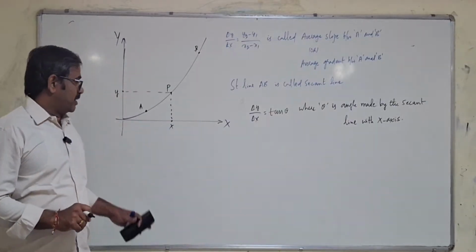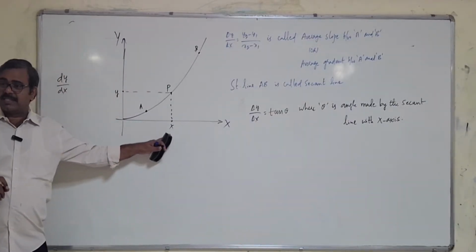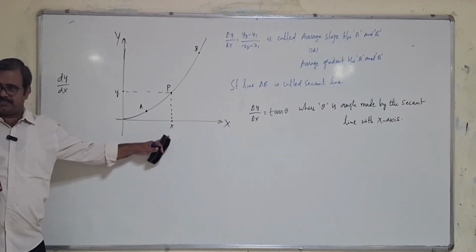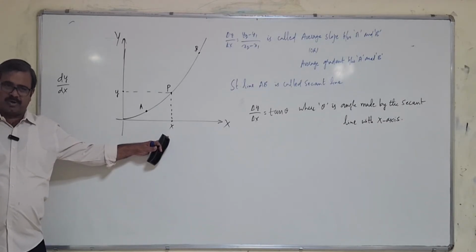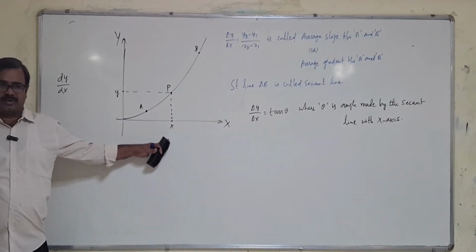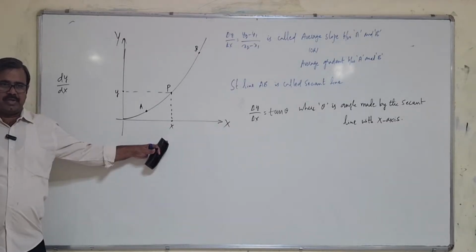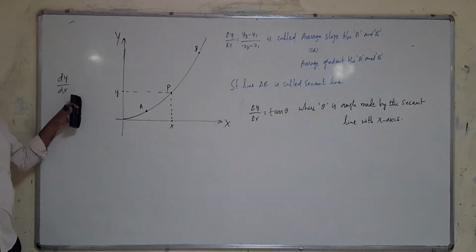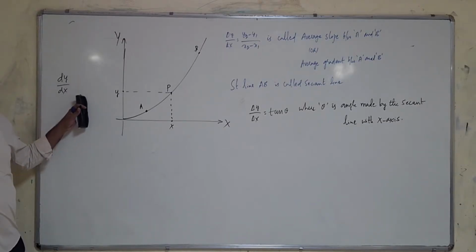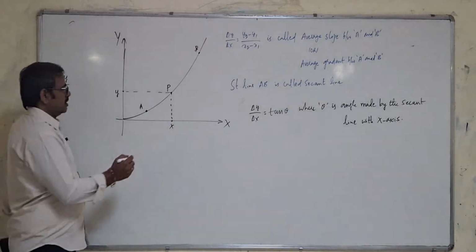At a given value of x, we construct a small interval around the given value of x. As the small interval becomes infinitesimally small, the rate of change in y with respect to x is represented by dy by dx. Are you following me? That's what we have been discussing.